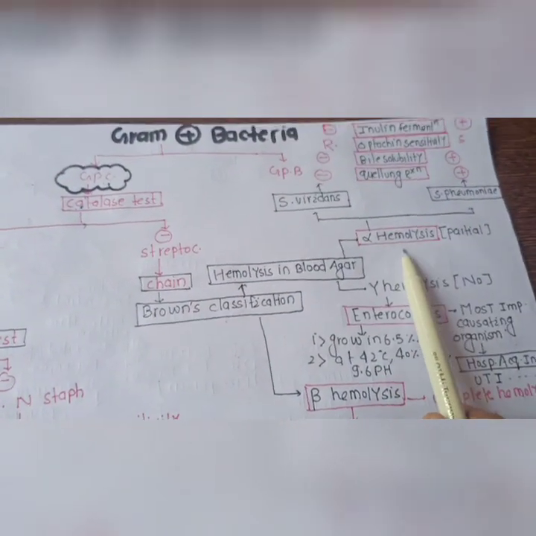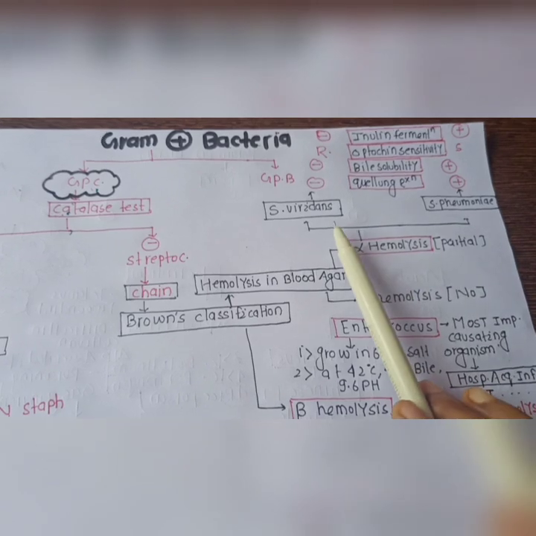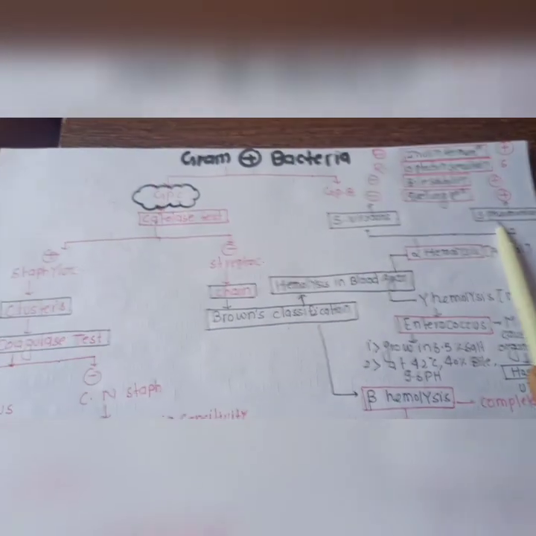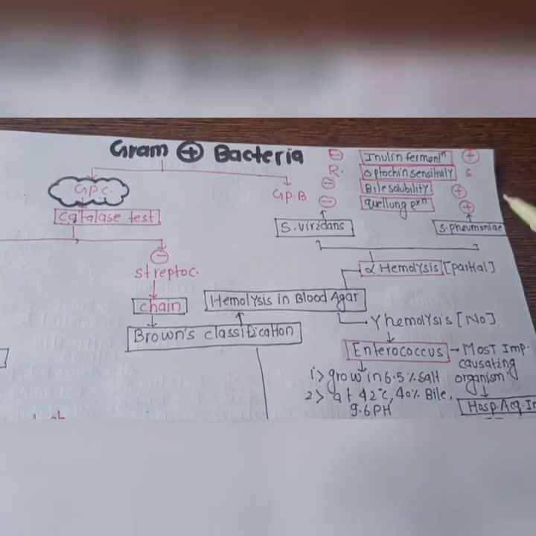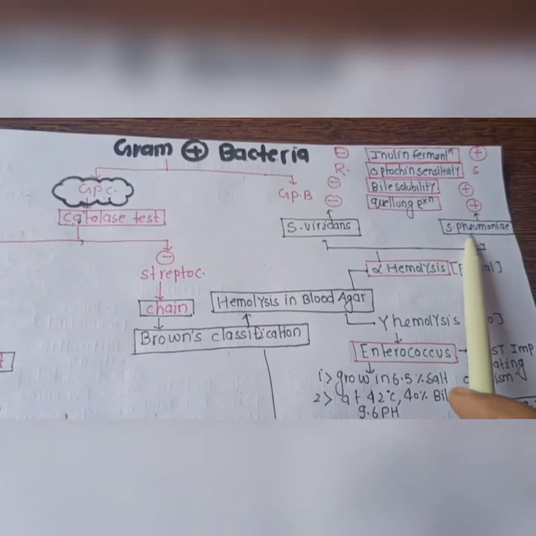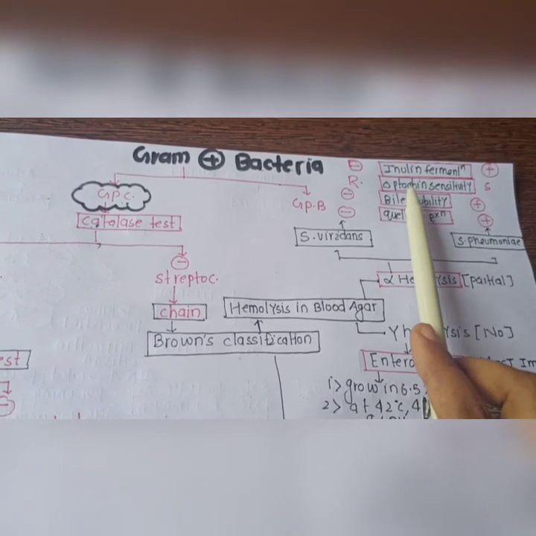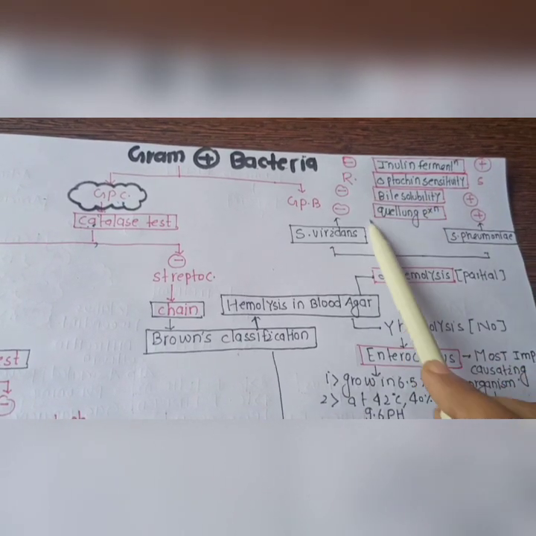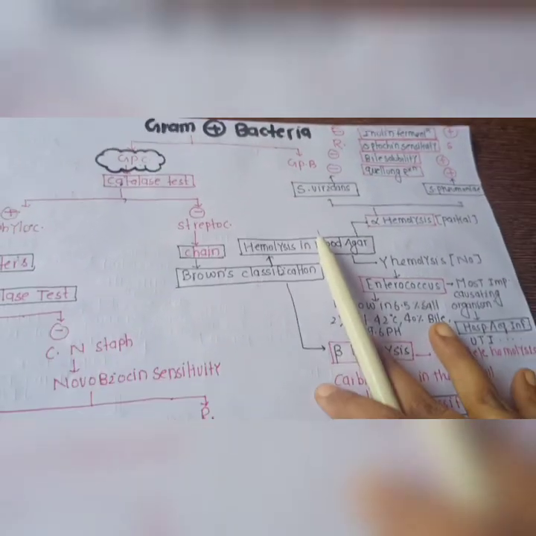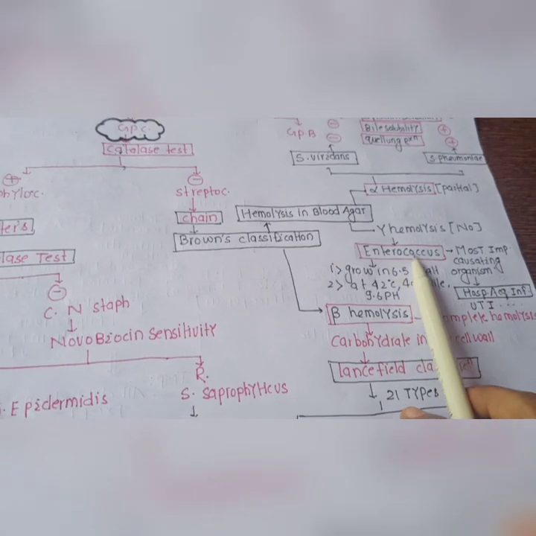If there is partial hemolysis, it is categorized under alpha hemolysis, and two bacteria come in: Streptococcus viridans and Streptococcus pneumoniae, a very famous name in medical terminology.